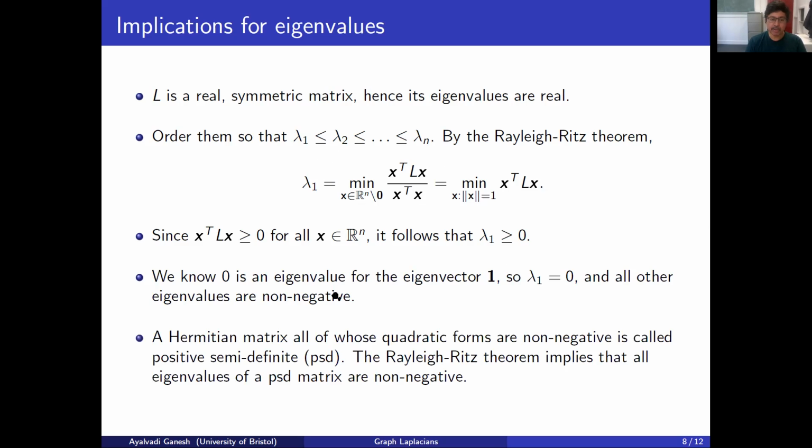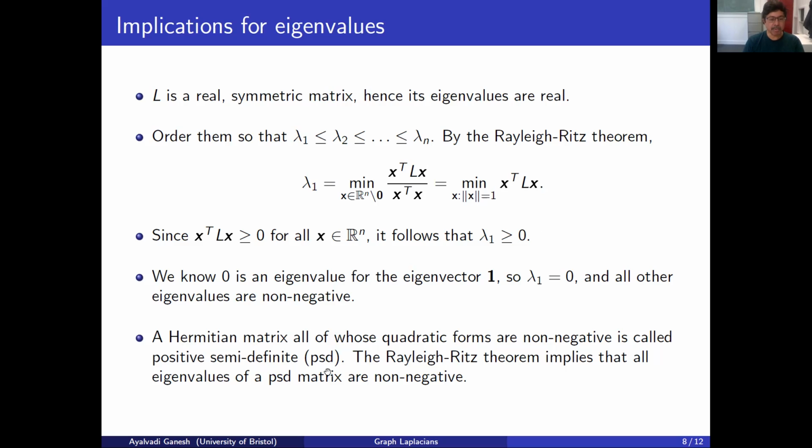Can we say more? Okay, before we come to that, I just wanted to remind you of some terminology. If we have a Hermitian matrix L, not necessarily a Laplacian, any Hermitian matrix L, for which x transpose Lx, or for complex vectors x Hermitian Lx, is non-negative for every x, such a matrix is called positive semi-definite.